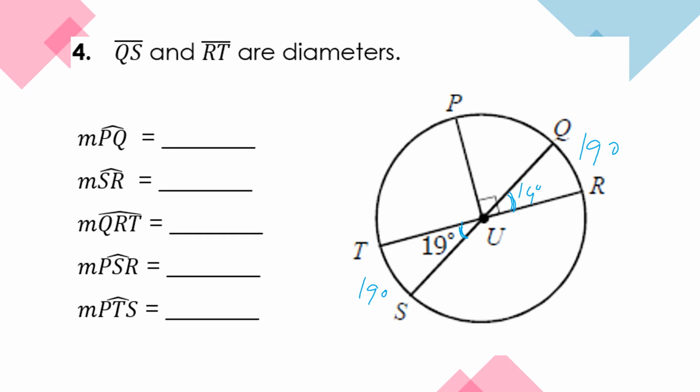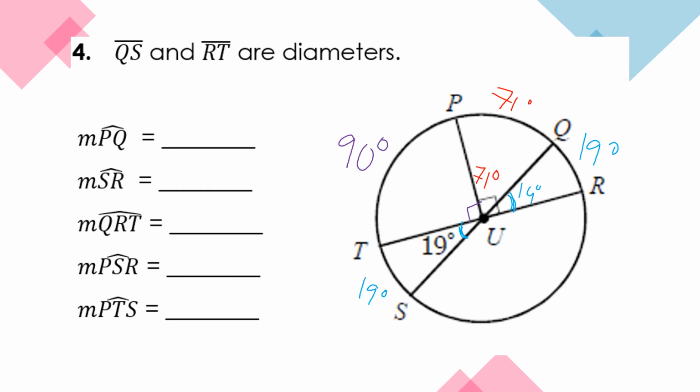If we do 90 minus 19, that's going to give us our other angle, which is 71 degrees, making arc PQ 71 degrees as well. If angle PUR is 90 degrees, and we know RT is a diameter, that also means that angle PUT is going to be 90 degrees and arc PT will be 90 degrees.